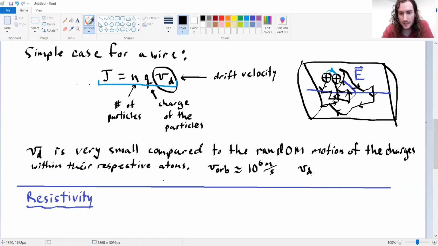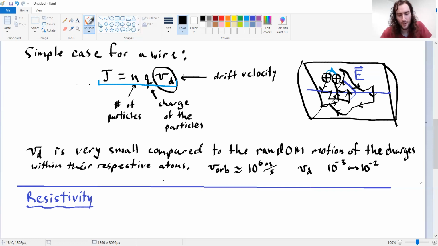And the drift velocity for a copper wire, depending on the potential difference across the wire, could range anywhere from say 10 to the minus 3 up to maybe 10 to the minus 2, something like that. So in that range there.